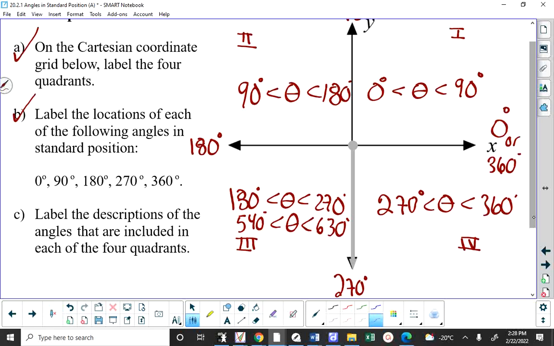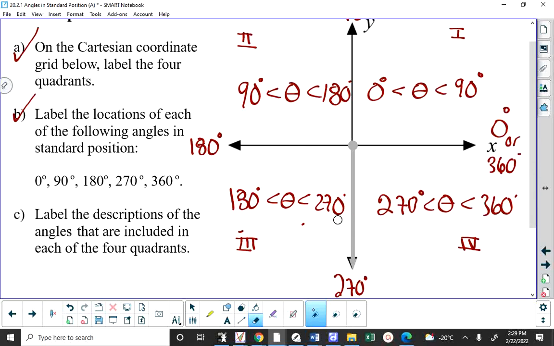If you went around another 360, you'd be in a whole other set of angles. But again, I wouldn't be worried about that. Is 180 plus 360 540? Is 270 plus 360 630? Okay. I just wanted to check because sometimes my addition isn't right.